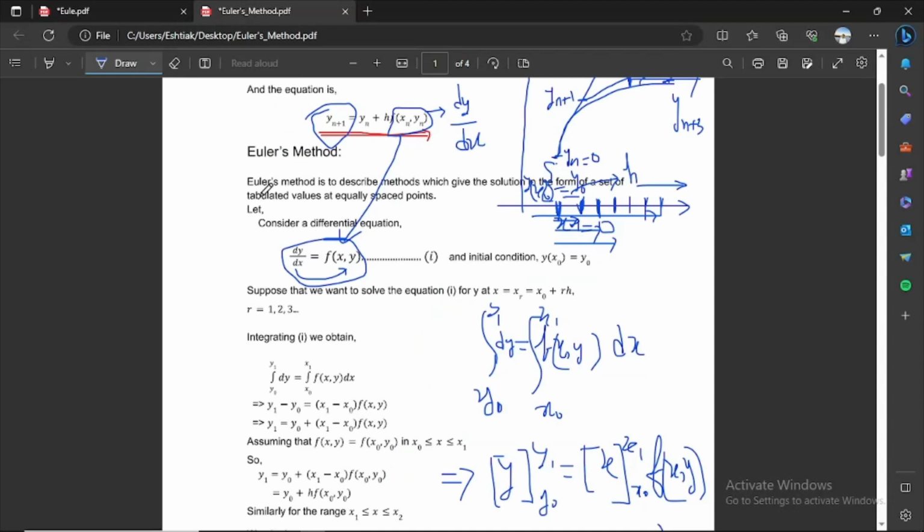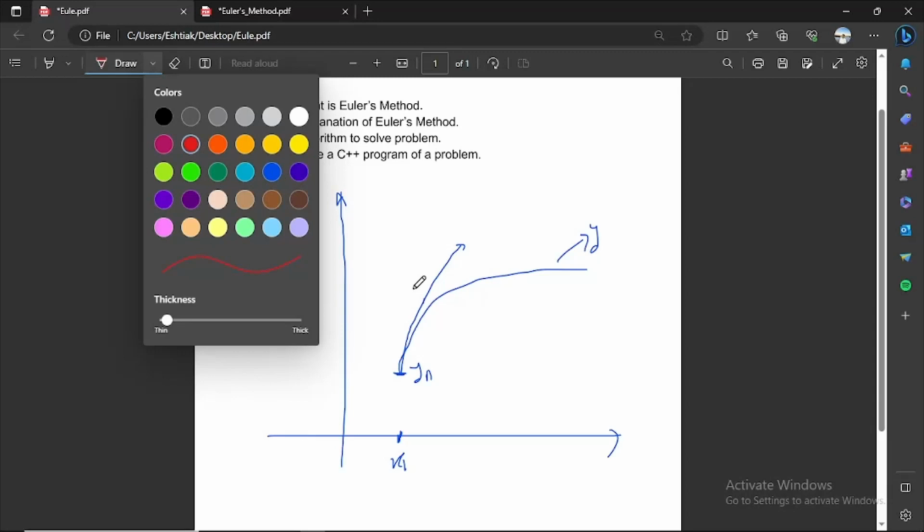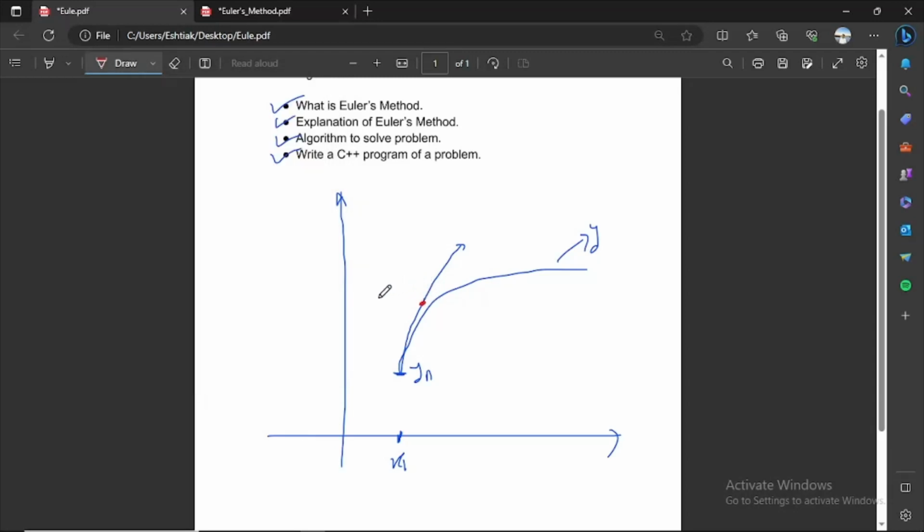This differential equation is saying that we are going to plot a tangent line here, which is our first tangent, the function of xn, yn. This tangent line will give us our first approximation, which is yn plus 1.